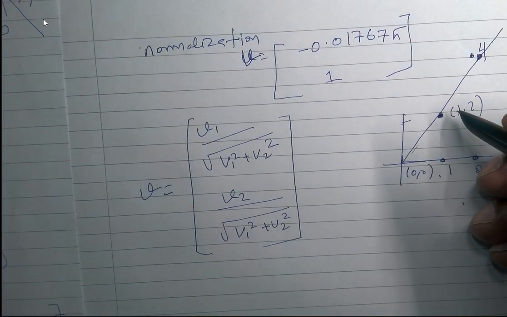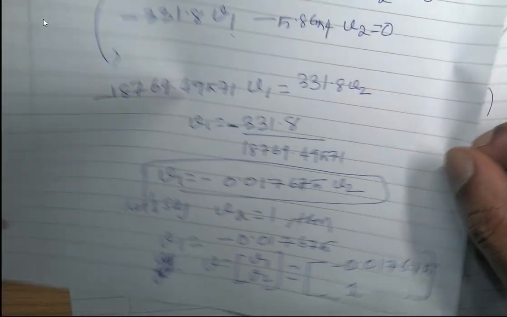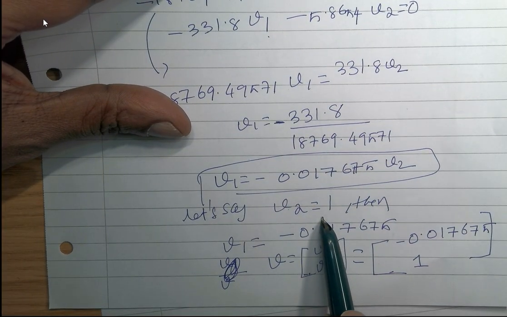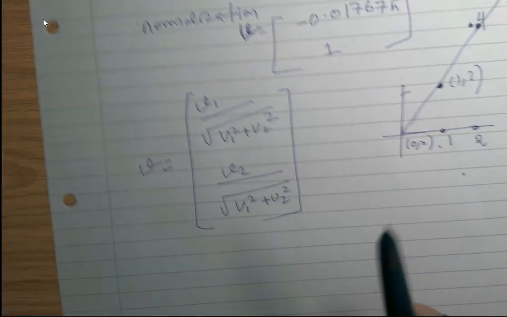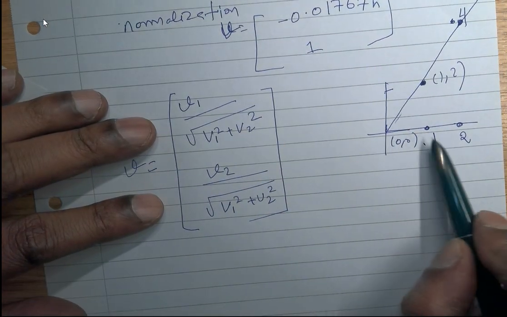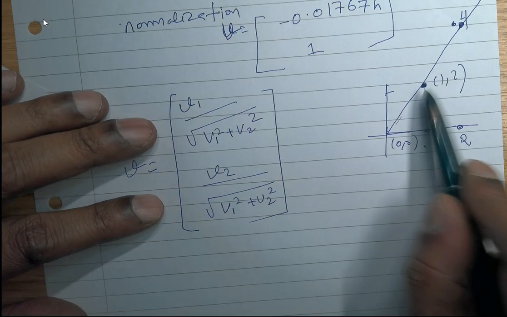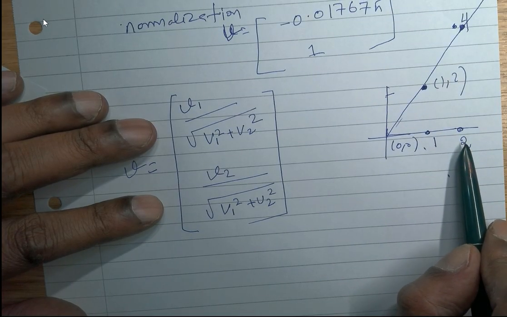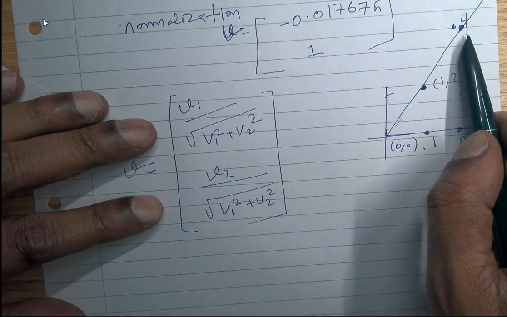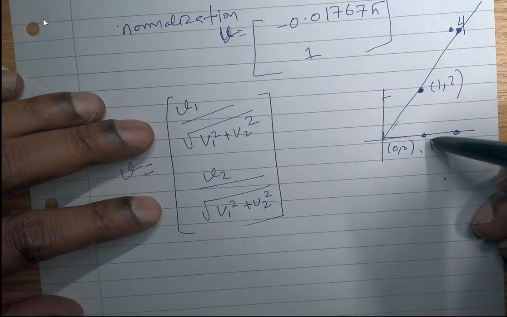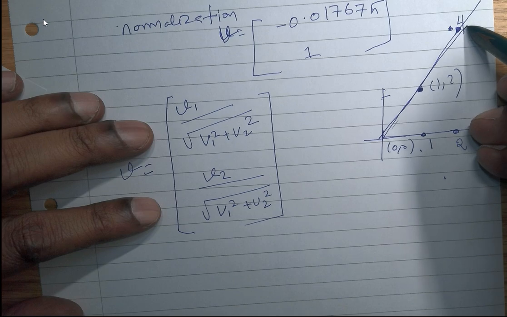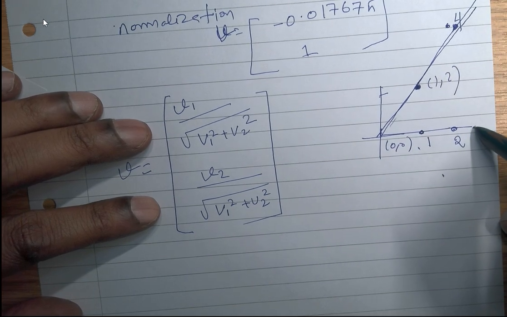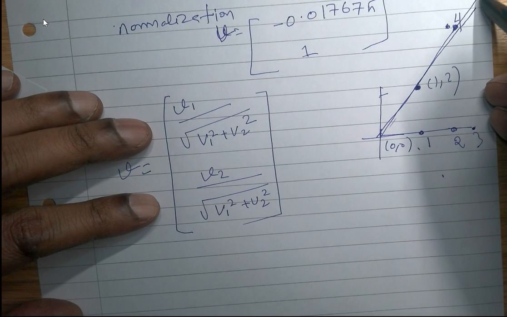So here what I did, in the previous step I just assumed v2 is equal to 1, and then I got the corresponding v1. We can do the same principle, no? If I assume v1 is 2, then I will get v2 equal to 4. So irrespective of the value I assume, the direction doesn't change. If I put 3, then I may get 9, which will be here.